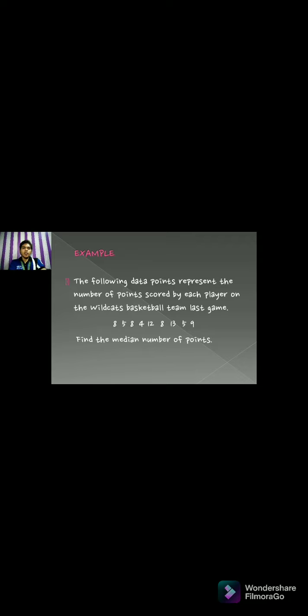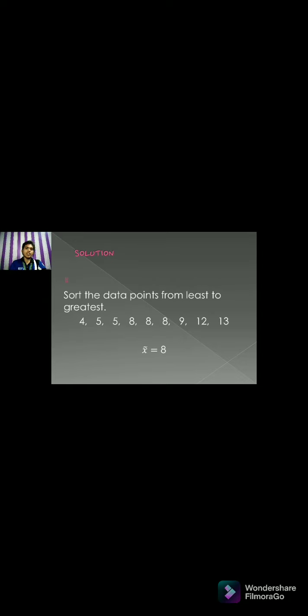In order to get the median of this data, we need to sort our data from least to greatest or from greatest to least. I set the data from least to greatest: 4, 5, 5, 8, 8, 8, 9, 12, 13.